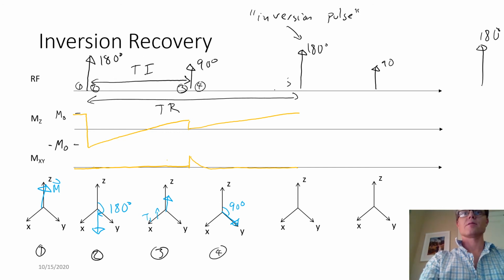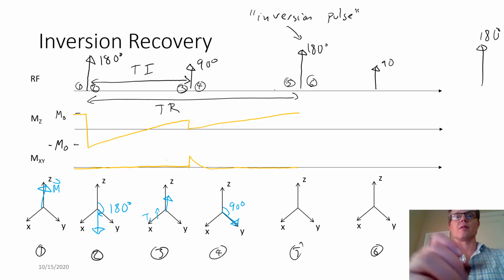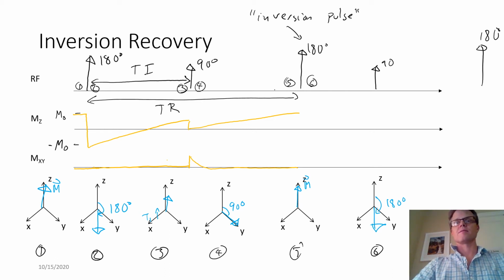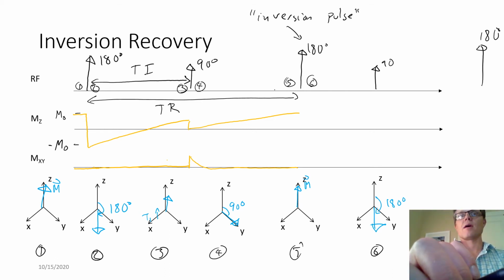Now, at another time here, things are going to just start repeating themselves. So we're back at being oriented along the z-axis, and have a 180-degree flip to the negative z-axis, and I'm going to repeat this process again.